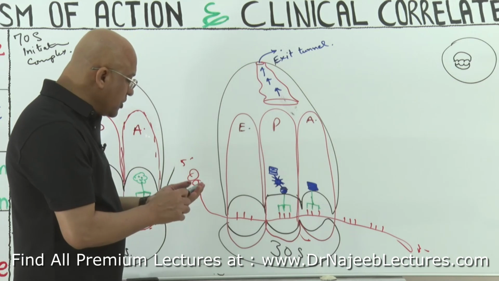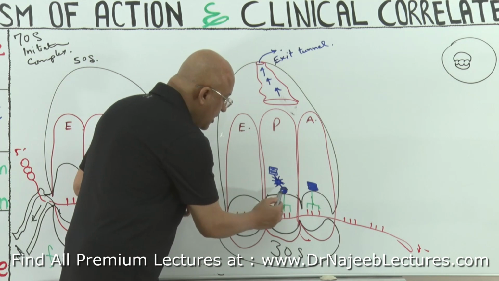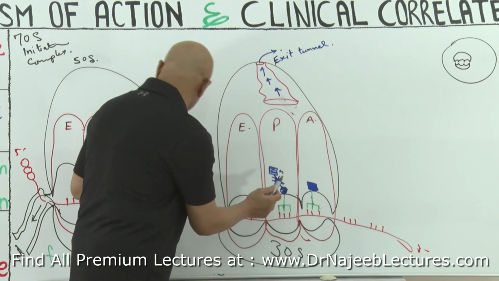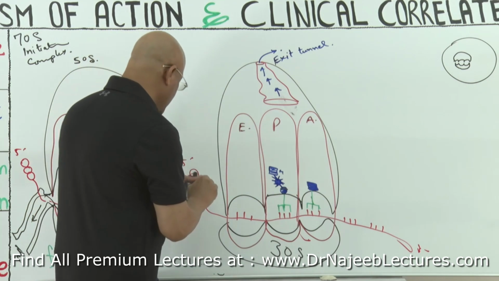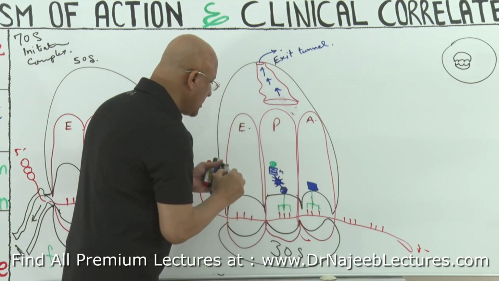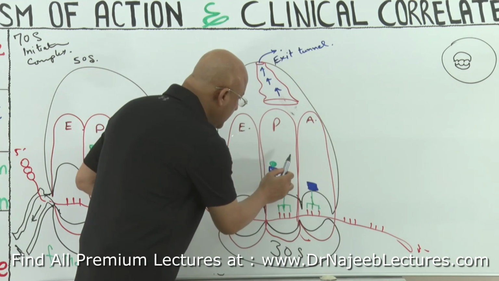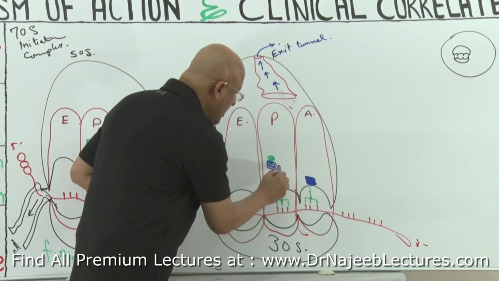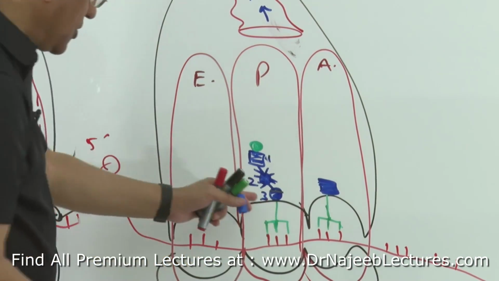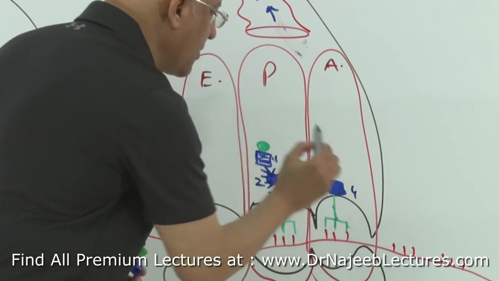So, let's suppose methionine has gone here. Okay, methionine was circular, so let's put the methionine here, green. Methionine was amino acid number 1, this is amino acid number 2, this is amino acid number 3, and the 4th is coming.